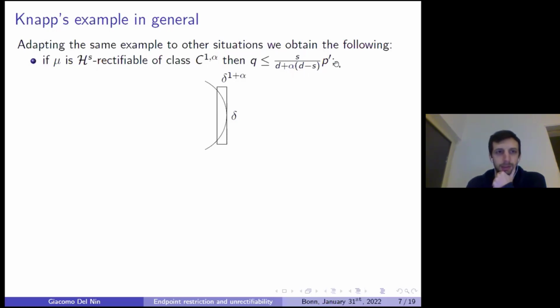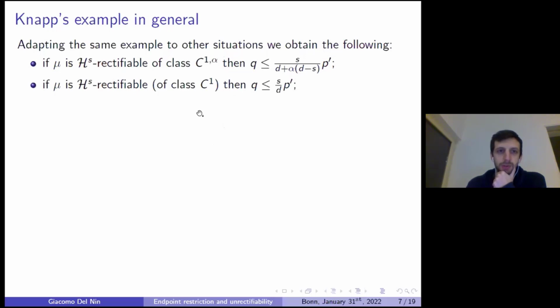And in particular, if you put alpha equal to 0, you get a condition for when mu is standard rectifiable, that says that Q is less or equal than S over D times P prime, where S is the dimension and D is the ambient dimension.